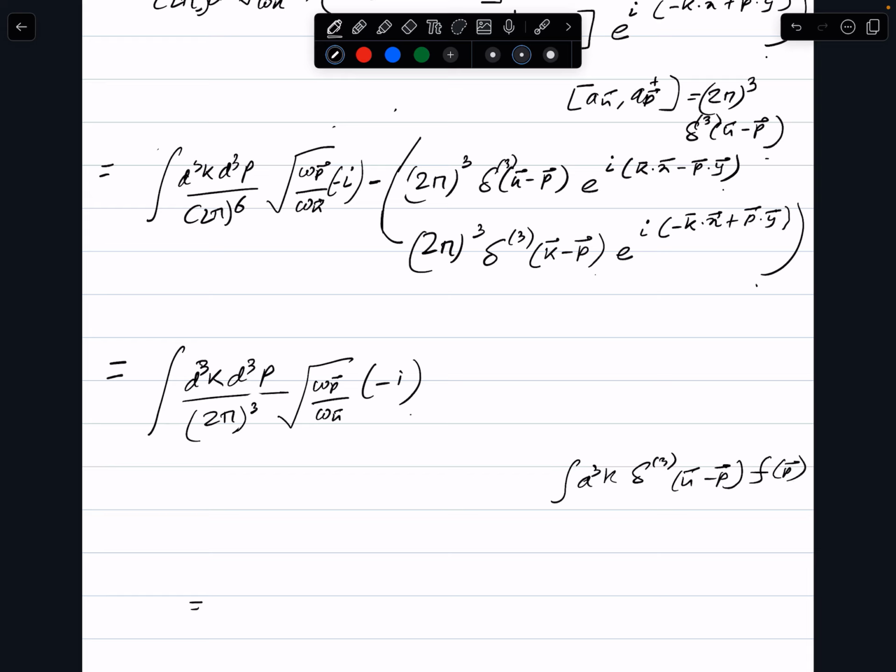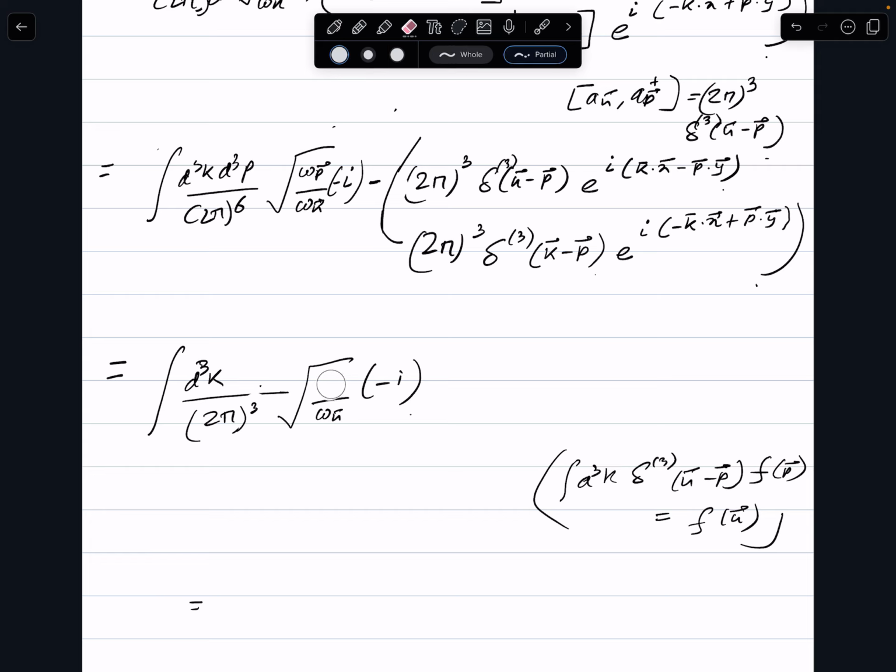This is f of k. So we can use this to integrate over, let's say, p. And so then once we have integrated over p, this goes away and all the p's become k because of the delta function, this formula. Wherever we have p, we replace it by k.